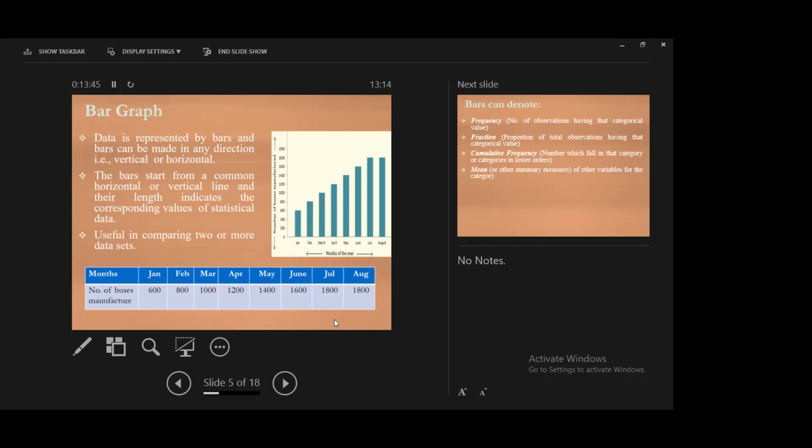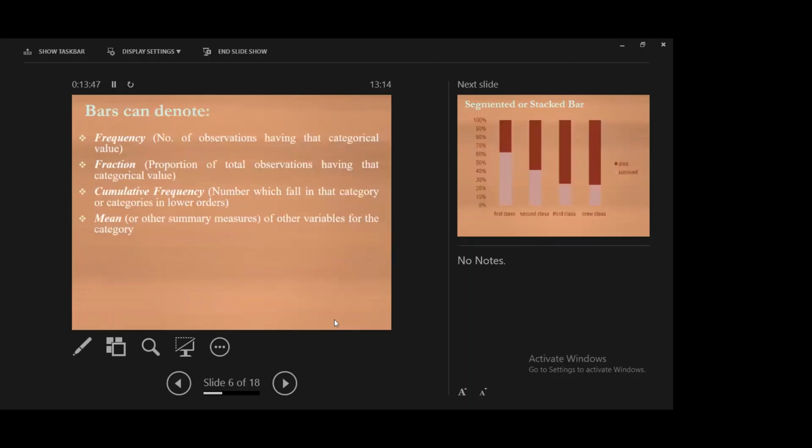Before we move to further modification of the bar diagram, I would like to quickly tell you that in the hands-on section, we will be making all these bar diagrams. I'll try to show you all the graphs that can be made in SPSS, but these are some of the uses of bar diagrams. First, as I already said, whenever we have to plot a frequency distribution, just as we saw in the previous slide with the number of buses for different months.